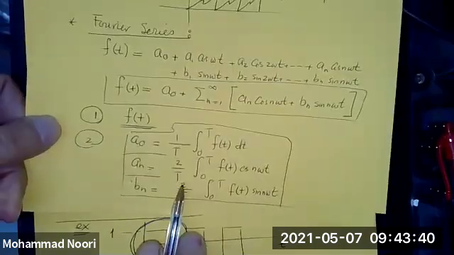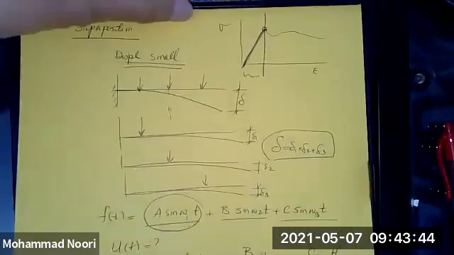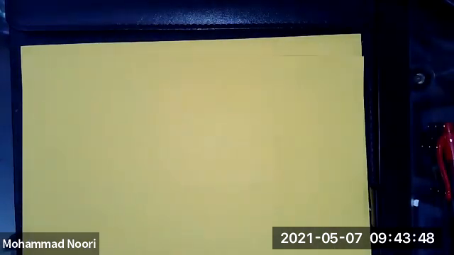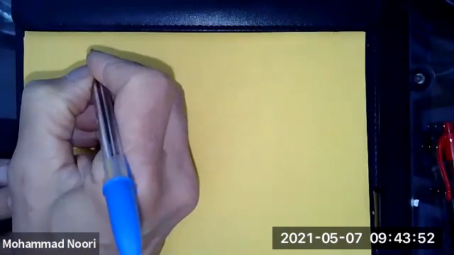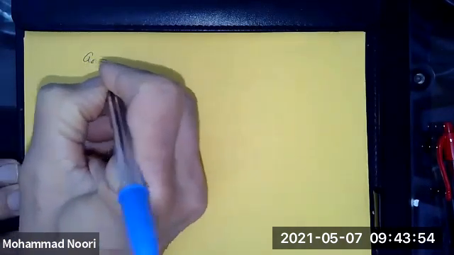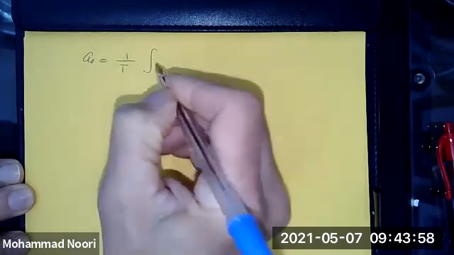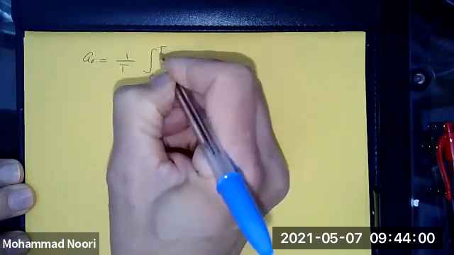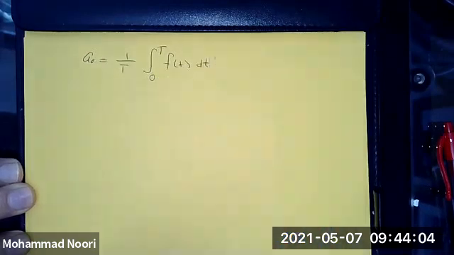What are A naught, AN, and BN? These are integrals, and you need to evaluate them. So let's do that for this example. A naught is 1 over T, integral from 0 to T of f of t dt.